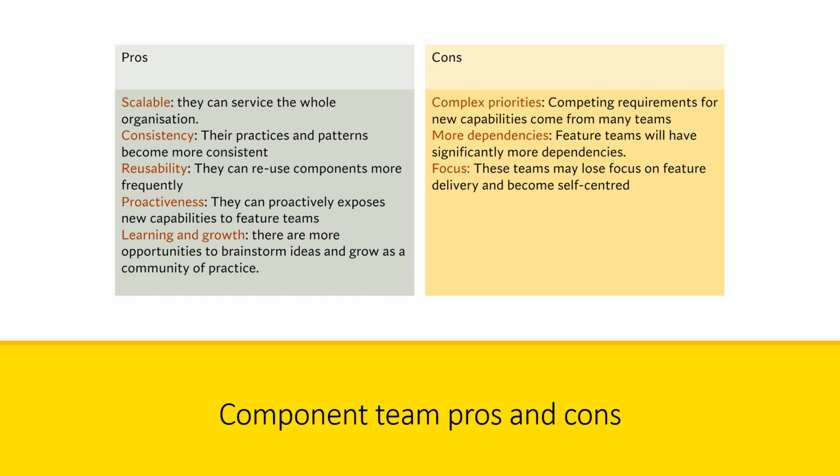What they build is going to be a lot more reusable, again, because it's centralized versus decentralized, right? Because they have control over everything that is being built, they can find lots of opportunities to reuse those components. Whereas when their resources are in those feature teams, they don't have much control over what they do.